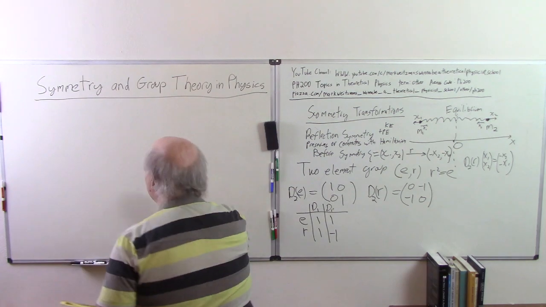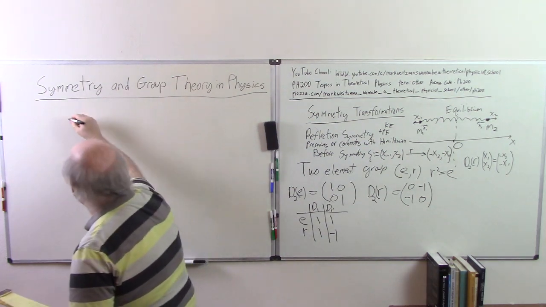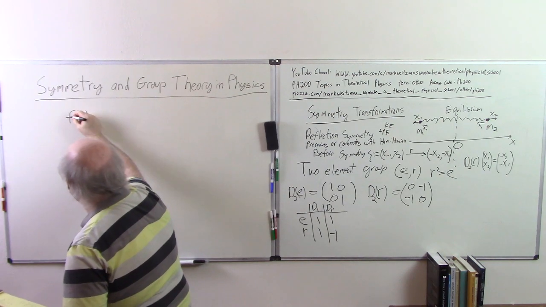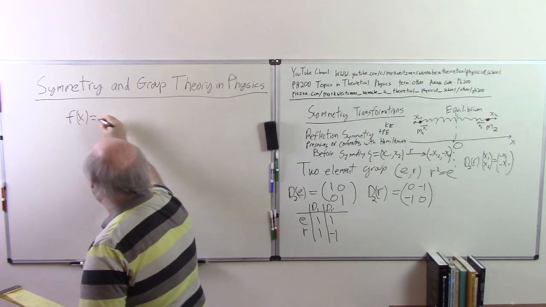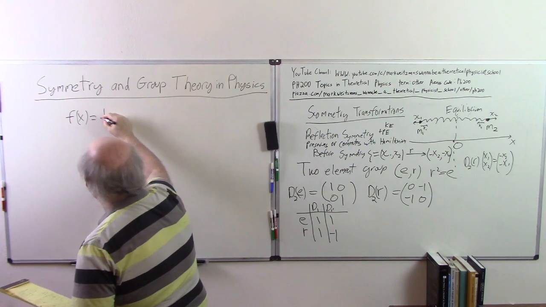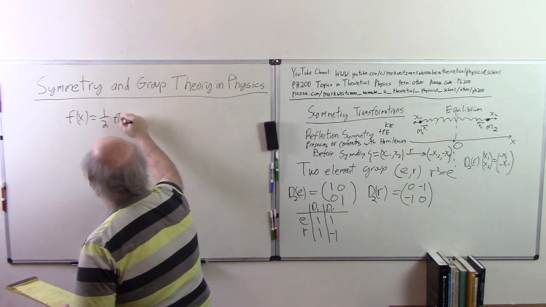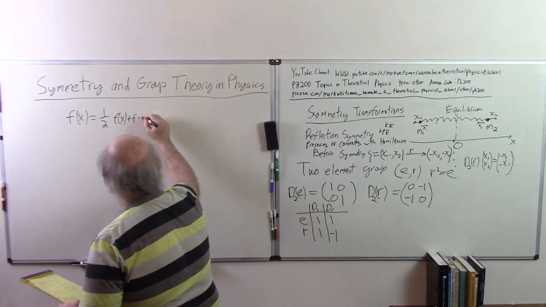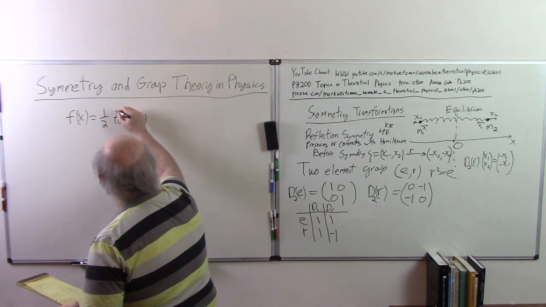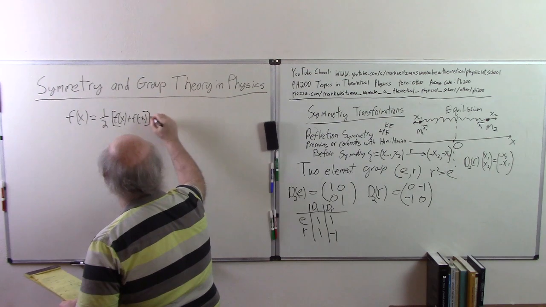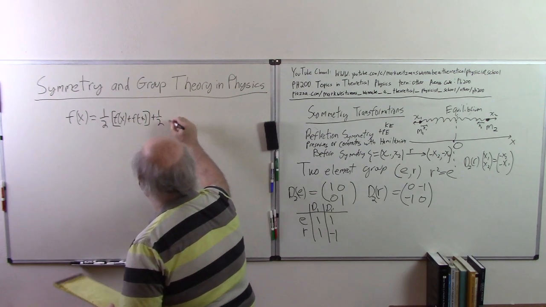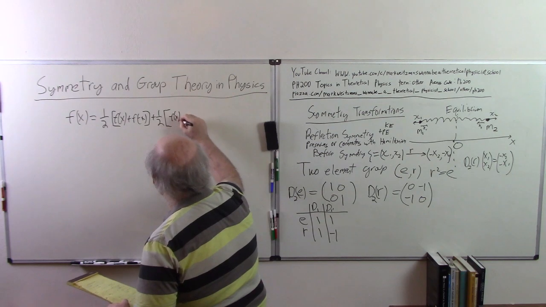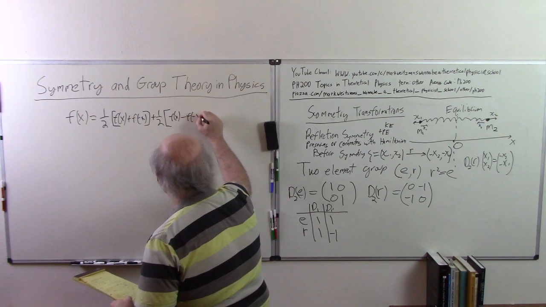Now, we don't need group theory for this, but we already know that every function of a variable x, we can write it as 1/2 [f of x plus f of minus x] plus 1/2 [f of x minus f of minus x].